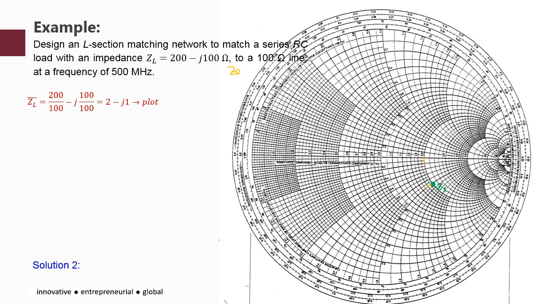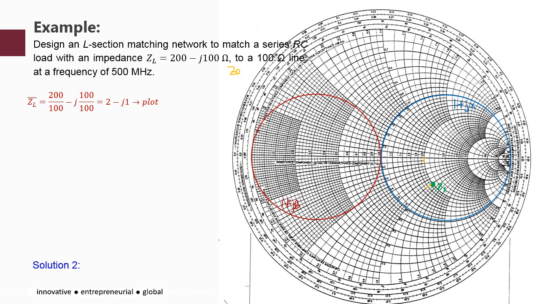Then you need to look at whether the ZL lies within the 1 plus jX circle or not, so you plot the 1 plus jX circle and the admittance 1 plus jB circle. This is your 1 plus jX circle, and the other one is 1 plus jB.